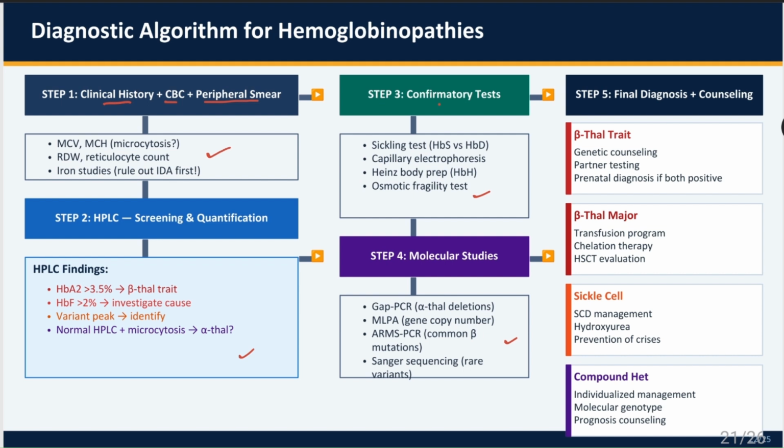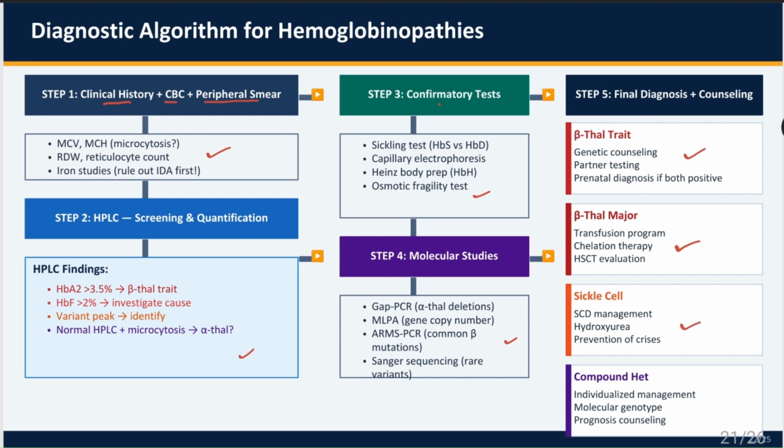For final diagnosis and counseling, if we are suspecting beta thalassemia trait and the disease has been confirmed, then we can do genetic counseling, partner testing, and prenatal diagnosis if both parents are beta thalassemia trait positive. In case of beta thalassemia major, we can plan transfusion programs, chelation therapy, or hematopoietic stem cell transplantation.